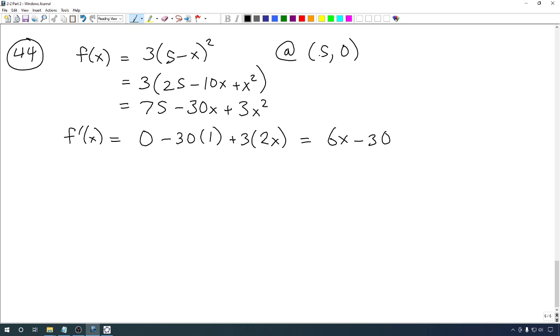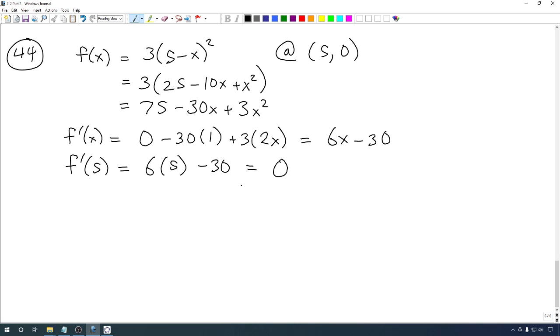Of course, we are putting this point into our function. So we're really looking at what is the slope at x equals 5. I'm going to go ahead and plug 5 into our formula here. 6 times 5 is 30. 30 minus 30, of course, is 0.